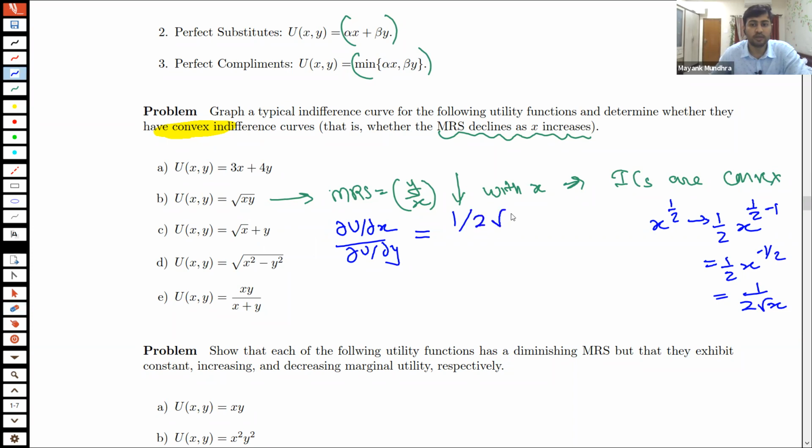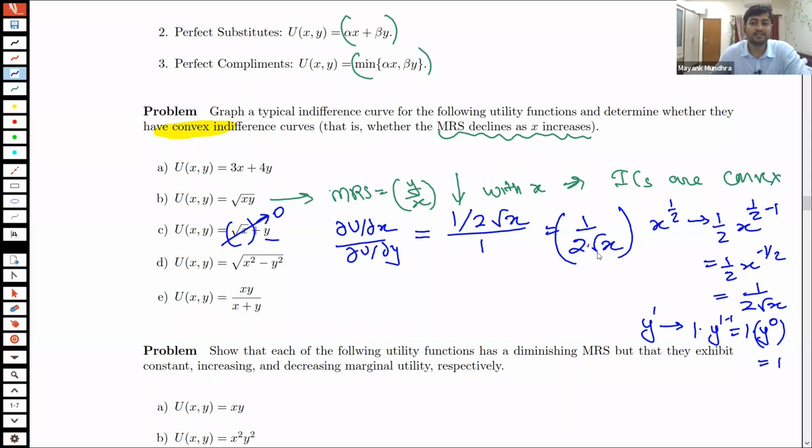Upon, when you're differentiating with respect to y, the x part becomes 0, and then the differentiation of y: y to the power 1 differentiates to 1 times y to the power 1 minus 1, which is 1 into y to the power 0. Anything to the power 0 is 1, so this just becomes 1.